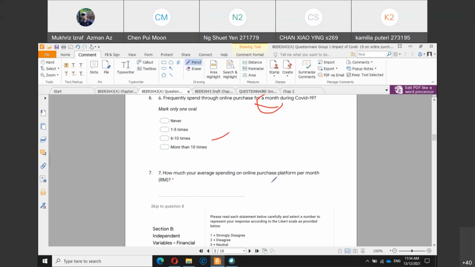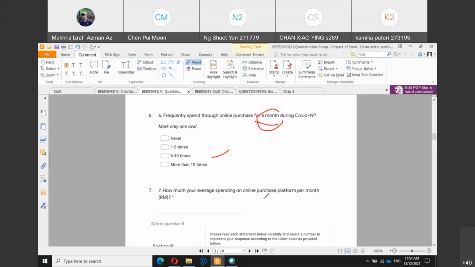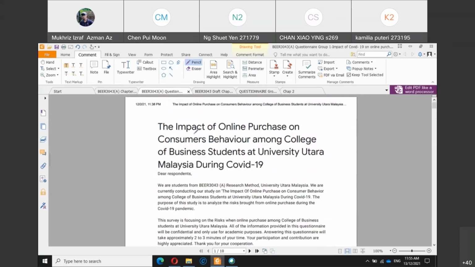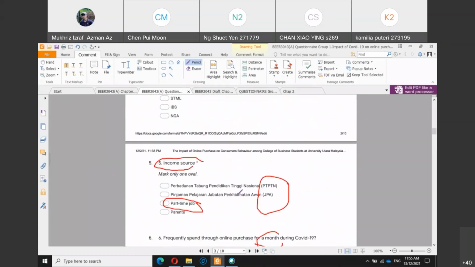You need to specify, when you mention online purchase, what you are referring to. The focus of your study is quite general, online purchase. It can be purchase of goods, cosmetics or daily products.